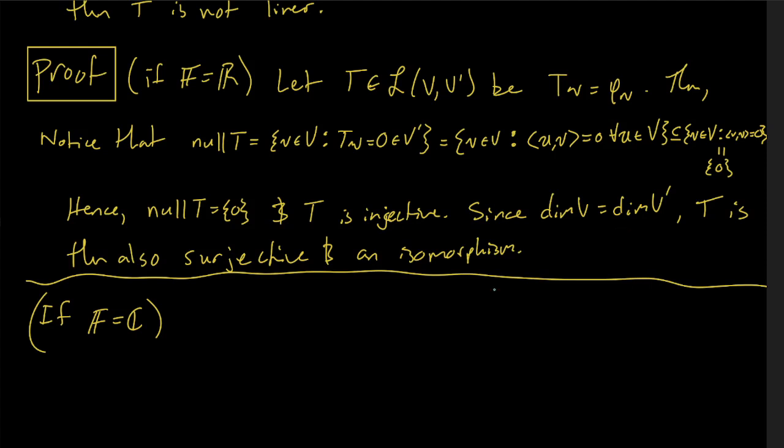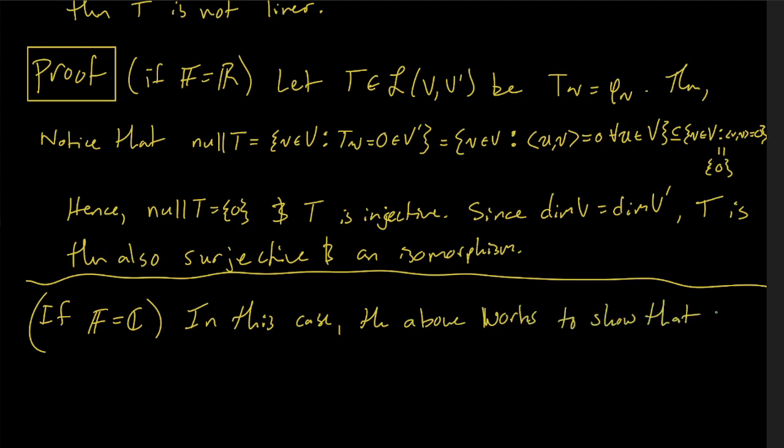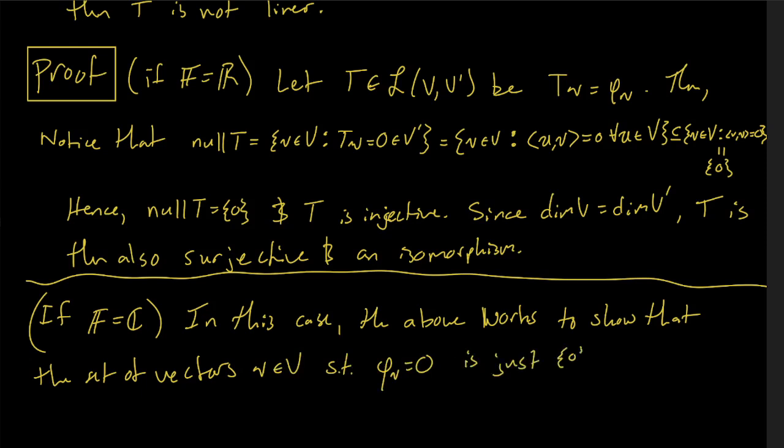So if F is equal to C, in this case, the argument above works to show that the set of vectors v in V such that phi_v is equal to 0 is just this.